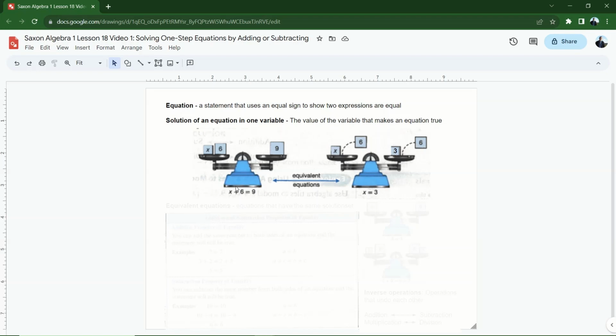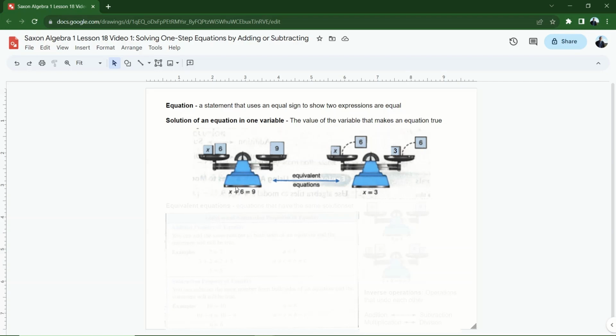So what does that mean I can do? If I take something off the balance on one side, can I still balance the other side? Yes, as long as I take the exact same thing off the other side of the balance. If I add something to one side, can I still balance with the other side? Yes, as long as I add the same thing to both sides of my balance. And that's the key here.